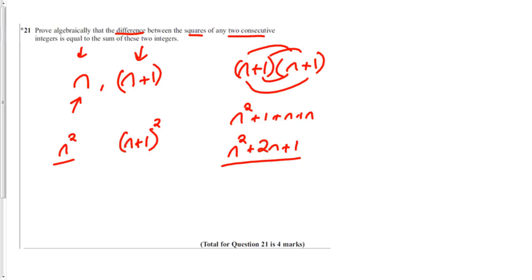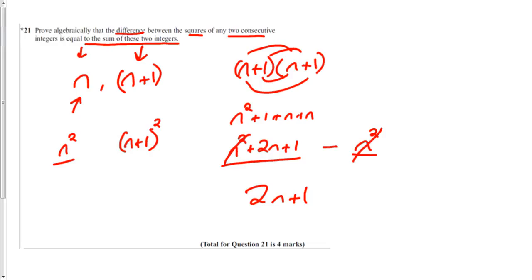So the difference would be the second one take away the first one. If we do that, n squared take away n squared goes, then we've got 2n plus 1. So the difference between the two squares is 2n plus 1. Now we've got to prove that that's equal to the sum of these two integers. The sum means when they're added together.